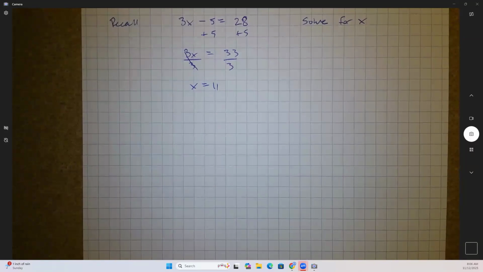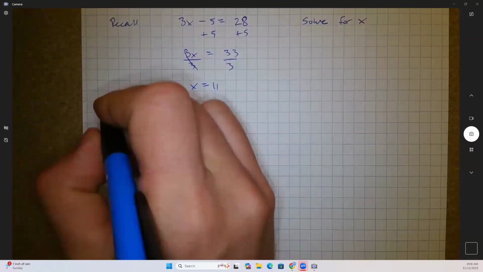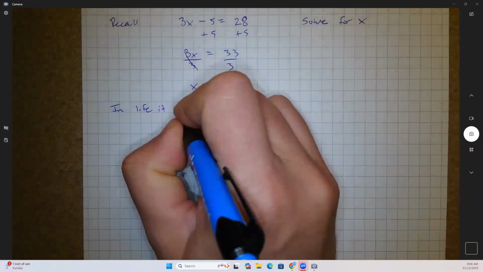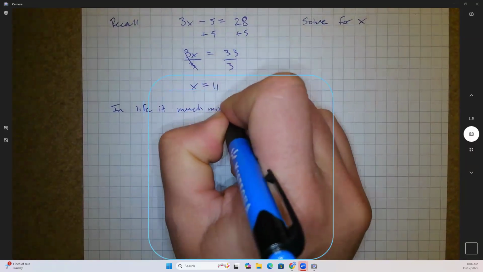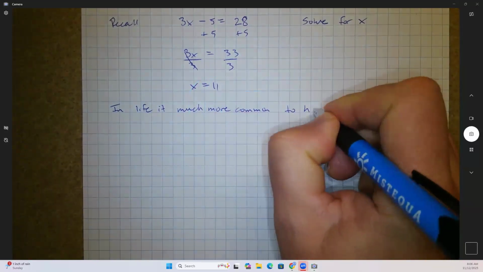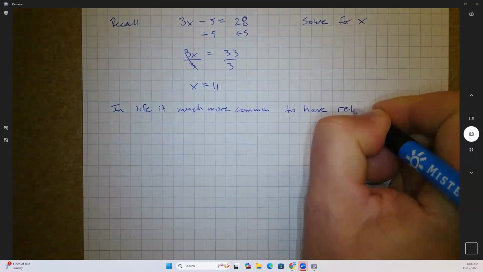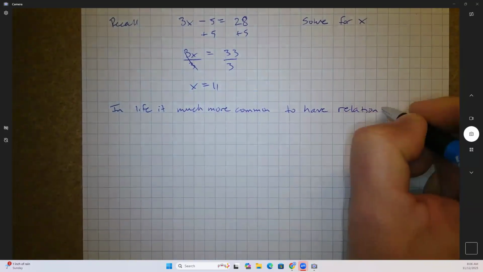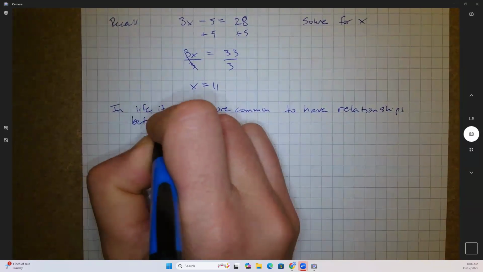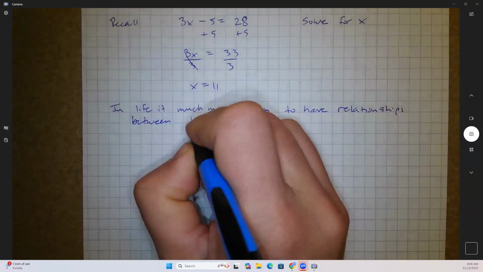However, having one variable is limiting because in life, it is much more common to have relationships between more than one variable.